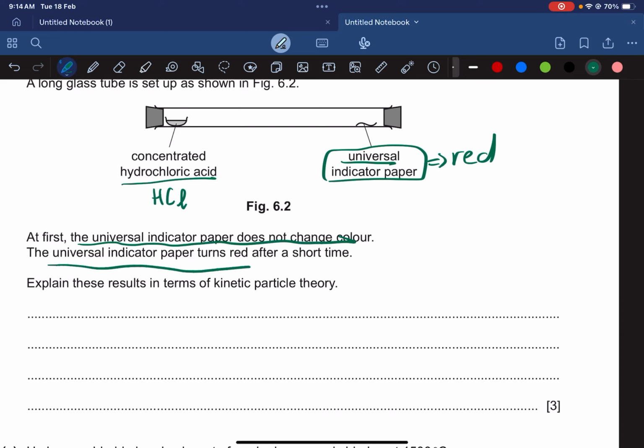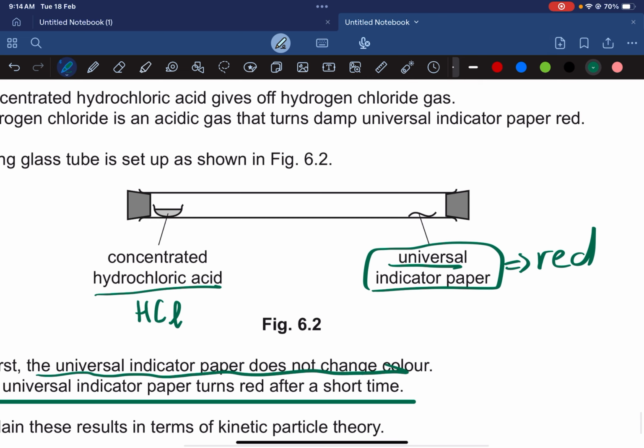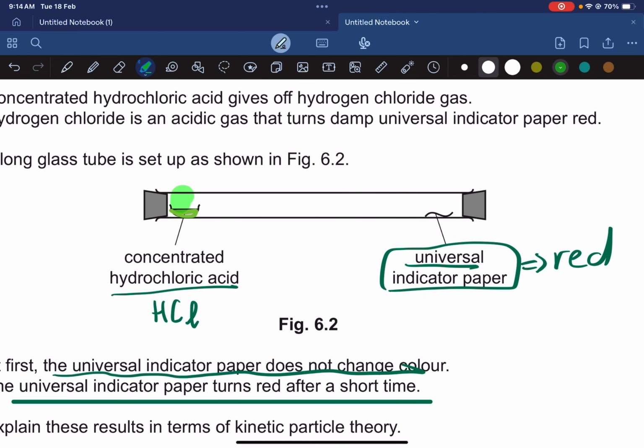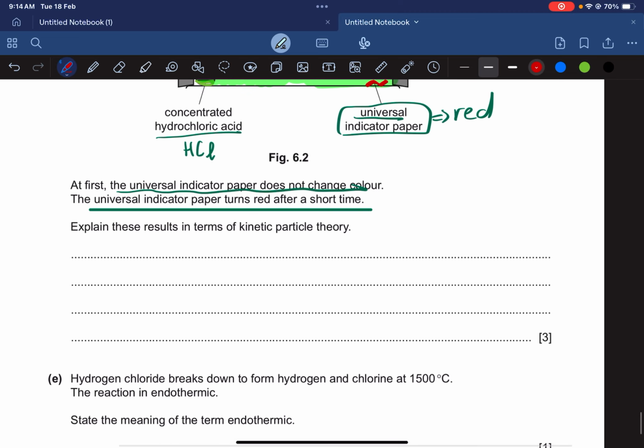The universal indicator turns red after a short time, because this hydrogen chloride gas, which is over here in this container, after some time will evaporate and spread throughout the container like this, and it will reach the universal indicator paper, and obviously being an acid will turn the paper red. That's what's basically happening. Explain these results in terms of kinetic particle theory.